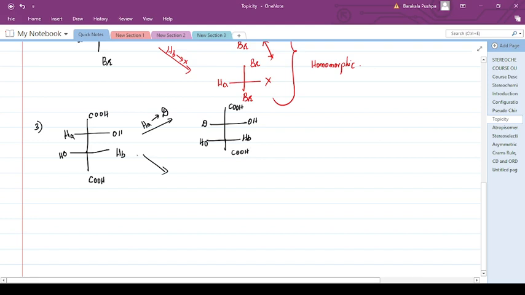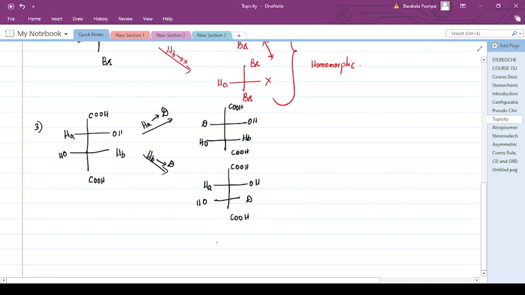Now again replace HB by deuterium. Again when you write the molecule, it is COOH, OH, HA, OH, deuterium, COOH.